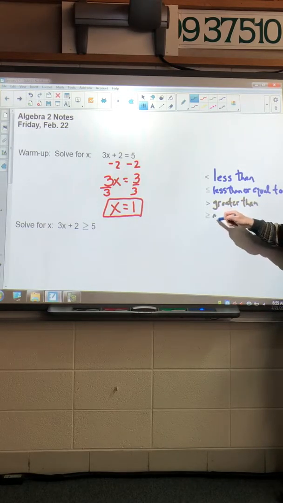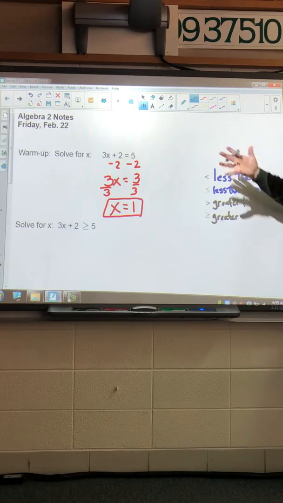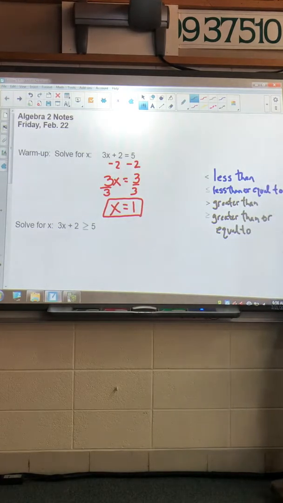Last one, greater than or equal to. Kind of moving off the screen here, but don't panic, I'm still here. See, there's my hand. Greater than or equal to. I'm back.